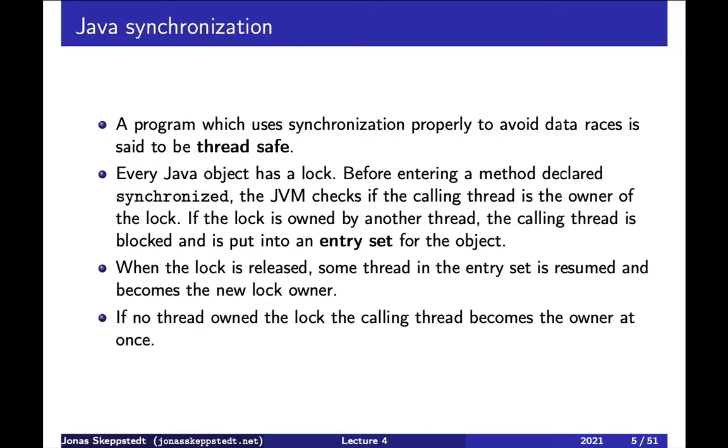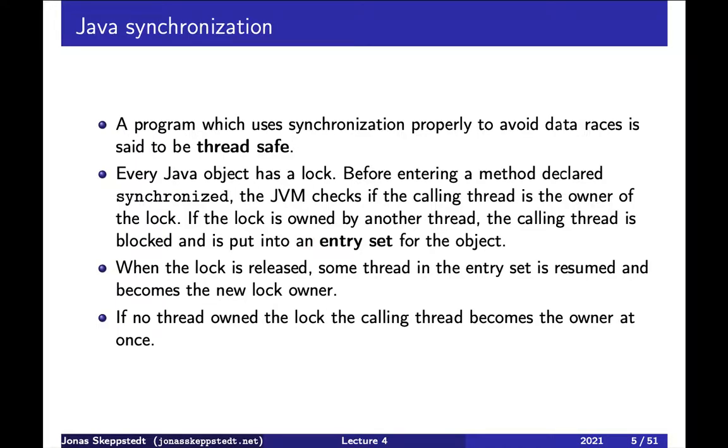and then when the thread comes to this method, the Java virtual machine will check if the thread owns this lock due to having taken the object's lock earlier. And if it doesn't own it, then it checks if the lock is already taken by another thread, and if it is, then the thread will not get it, obviously, and instead it's put into something called an entry set for this object.